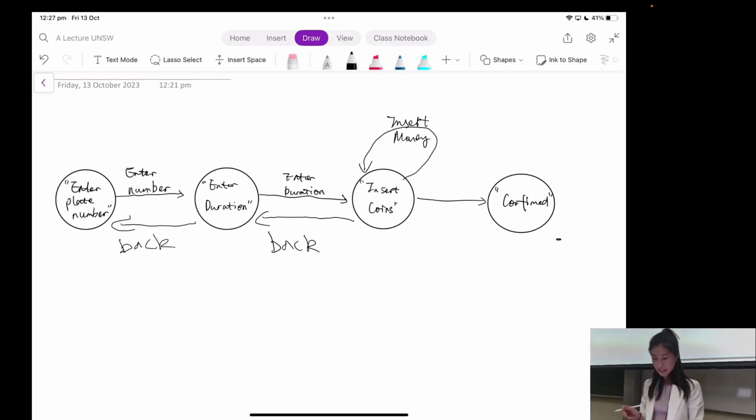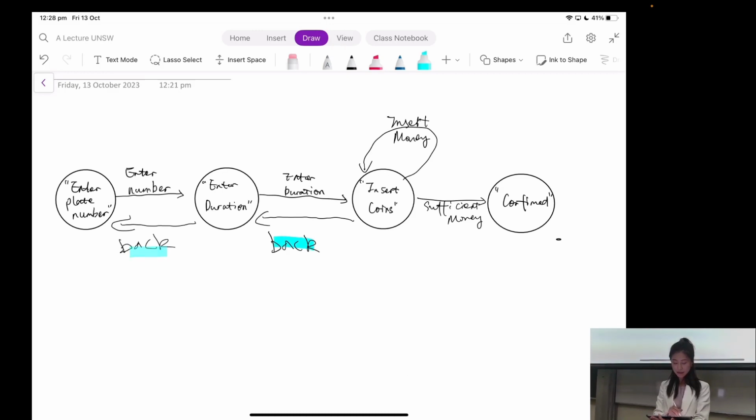Okay, so when there is sufficient money, it can trigger the next state, which is confirmed. And also we can cancel at any time, like go back at any point. So now we have a sufficient money event.